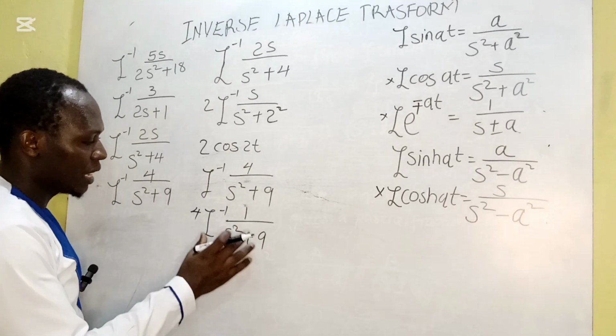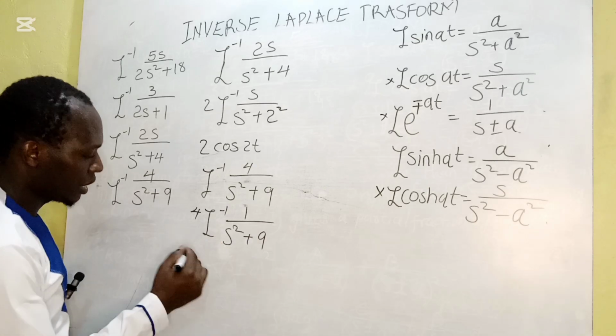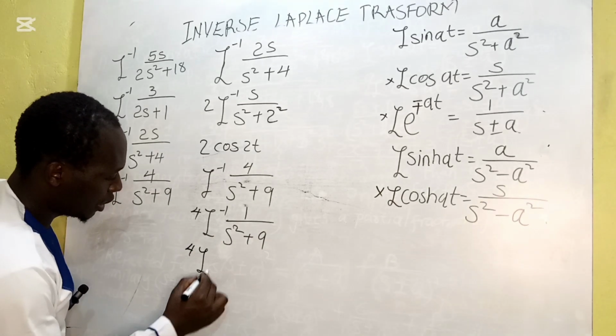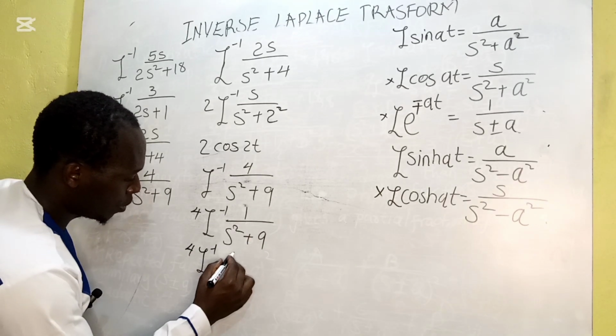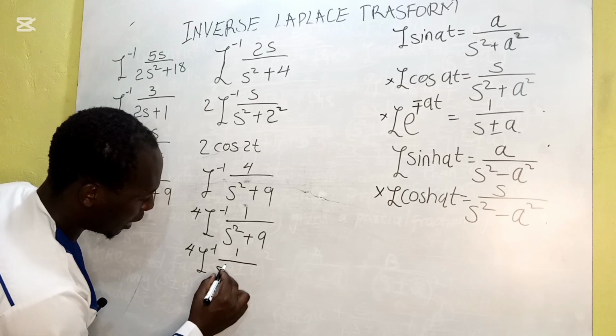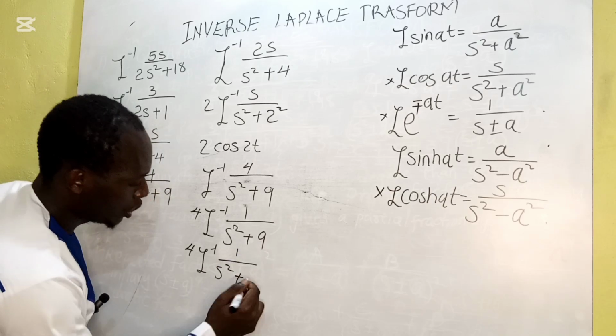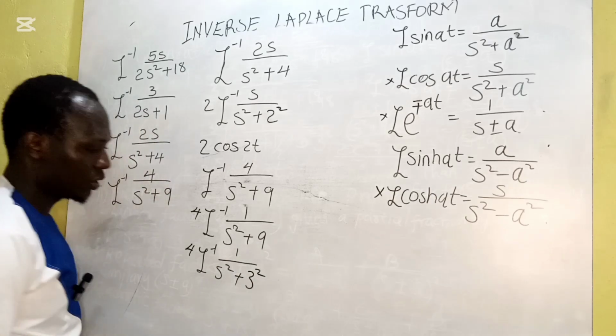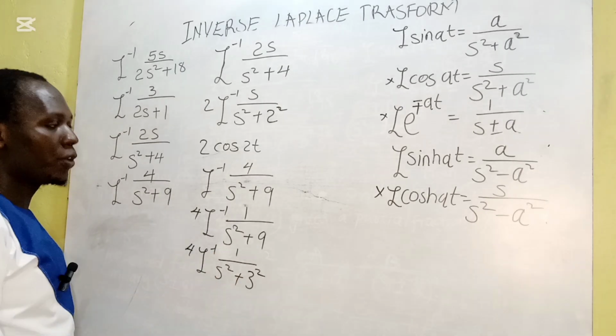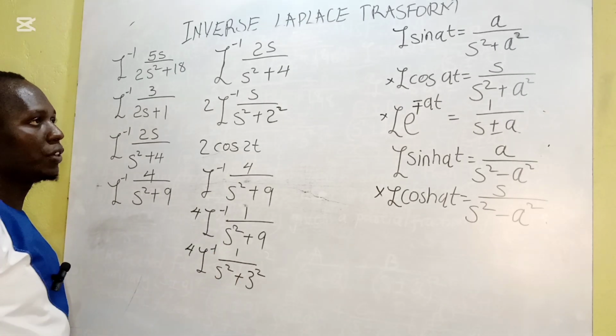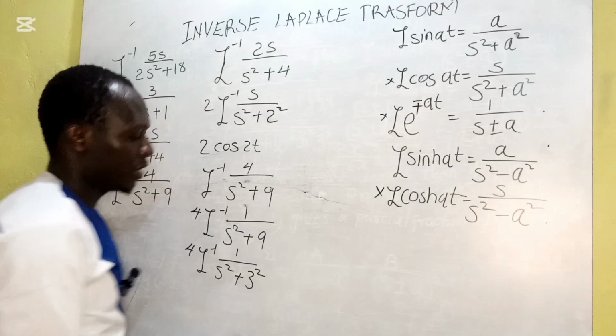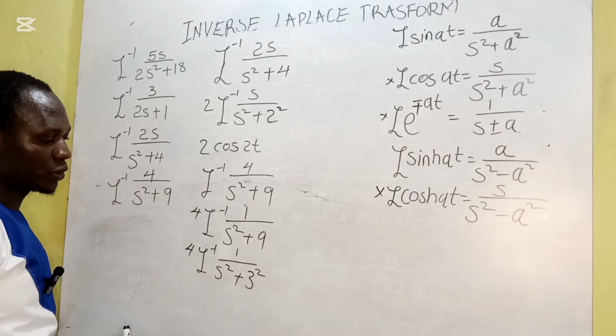And that one means that we are going to rewrite everything here. Now we are going to have for the inverse Laplace transform of 1 all over s squared we add 3 squared. How are we going to end up now with a on the numerator? Because we must have a here. A here is equals to 3.